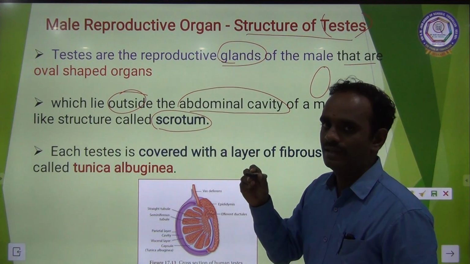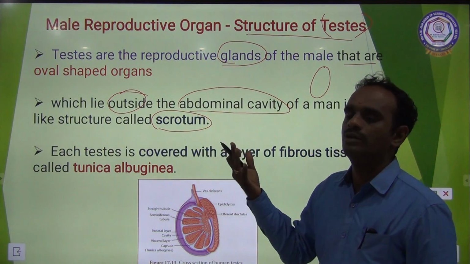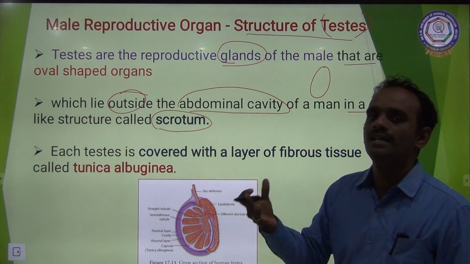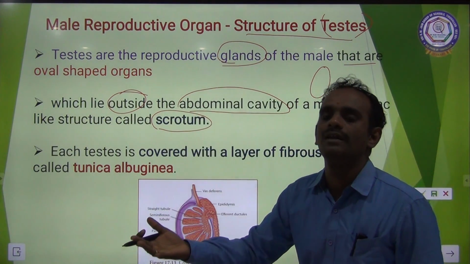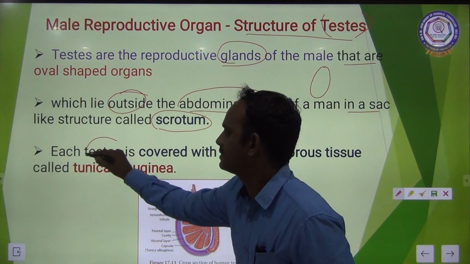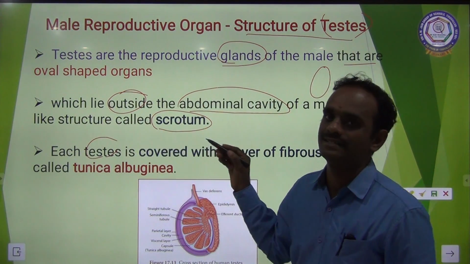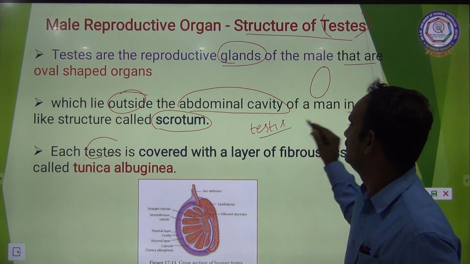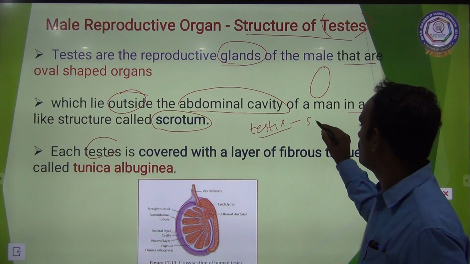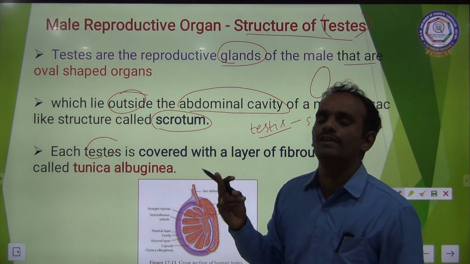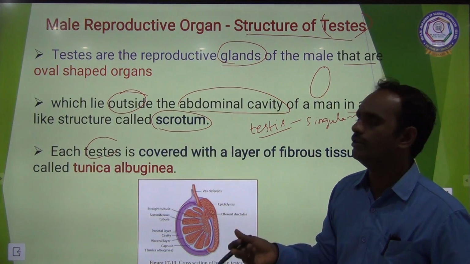Once again, scrotum is nothing but a bag like structure which lies outside the abdominal cavity of men. Testes is the plural form, and testis is the singular form. The human body has a pair of testes.